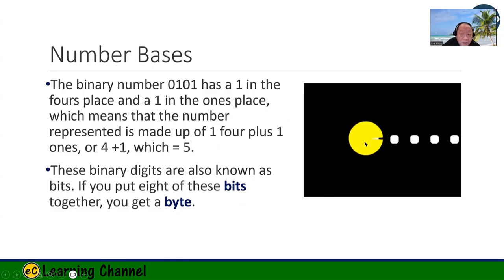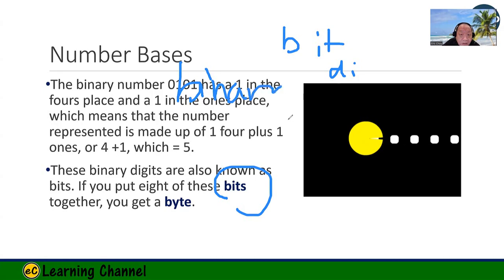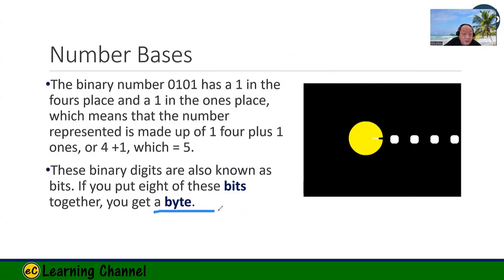Okay, so your electronic system is all based on this binary, and each number 0 or 1, we call it a bit. And bit we explained before, it's called a binary digit. Okay, now next one is byte.